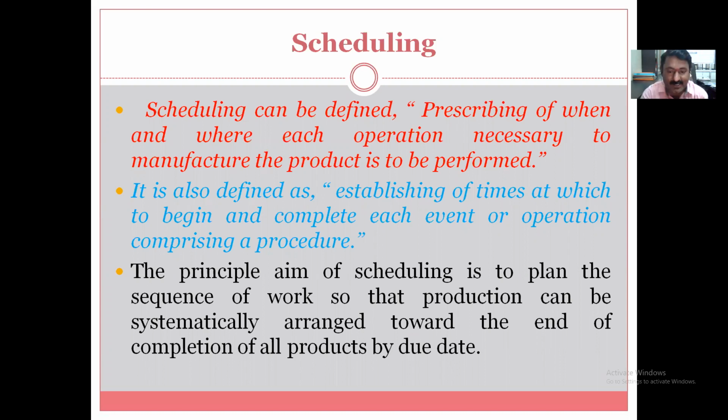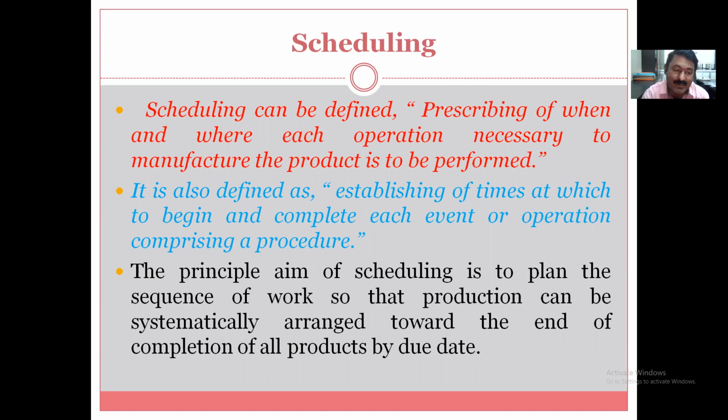Two important things are there. To plan the sequence of work: how the product will go through one machine, two machines, three machines, four, and how many stages of inspection there are. And production can be systematically arranged toward completion, so that all the operations are completed and the finished product is ready by the due date.